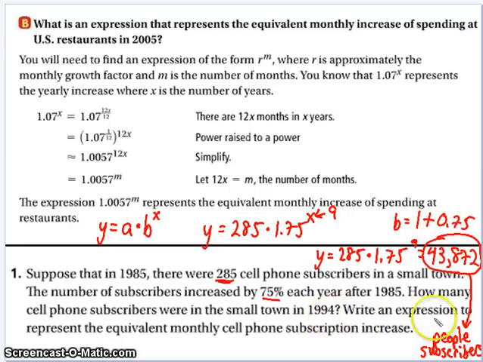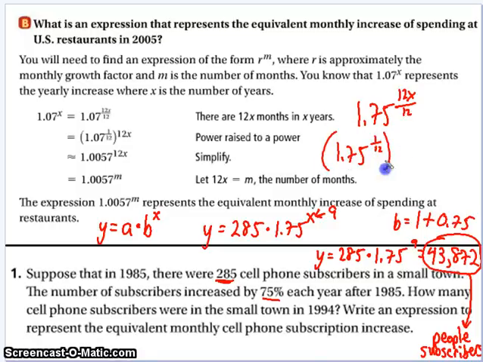Now, write an expression to represent the equivalent monthly cell phone subscription increase. So this is where we're going to go back, just like we did here, 1.07. We're going to do 1.75 to the 12x over 12. So we separate that 1.75 to the 1/12 to the 12x. Now we need to figure out what 1.75 to the 1/12 is.